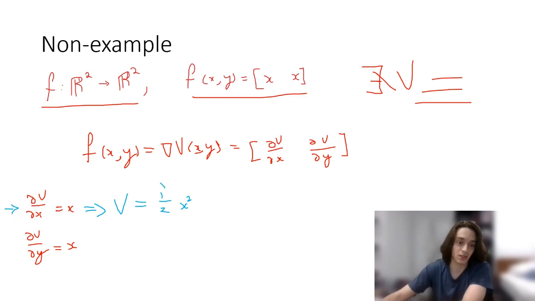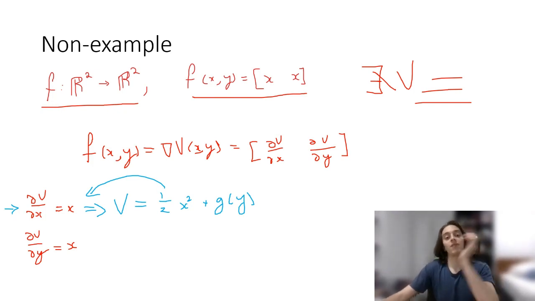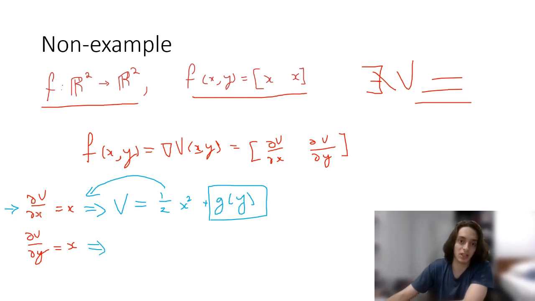First, you have to have this to get this x when you differentiate, and then add on a function of y, g of y, because when you differentiate it with respect to x, this evaluates to 0.